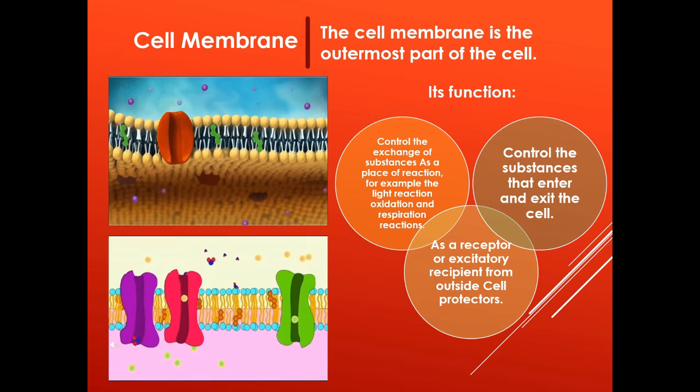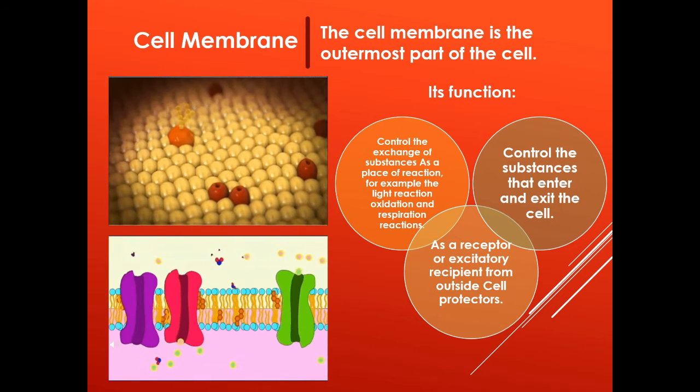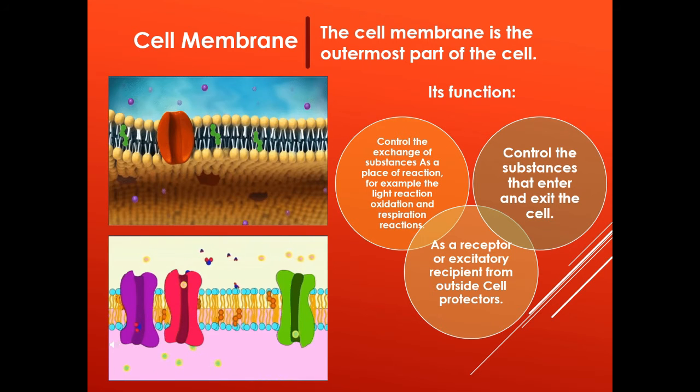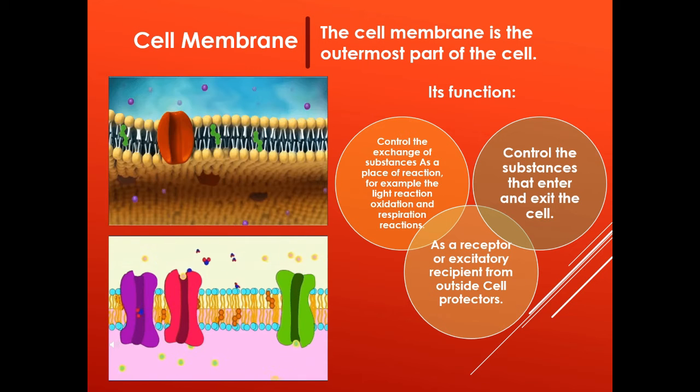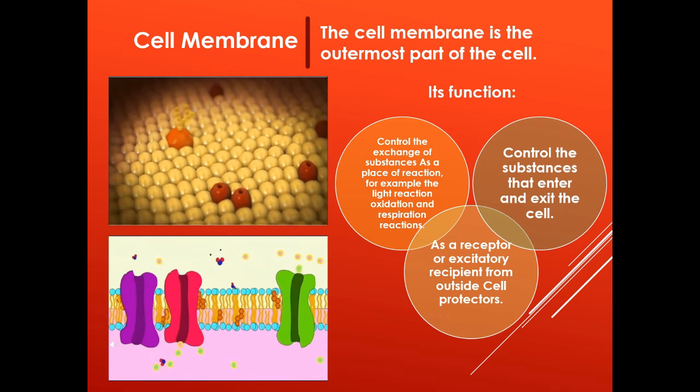First is cell membrane. Cell membrane is the outer part of the cell, which has some functions. They control the exchange of substance as a place of reaction, for example, the light reaction, oxidation, and respiration reaction.